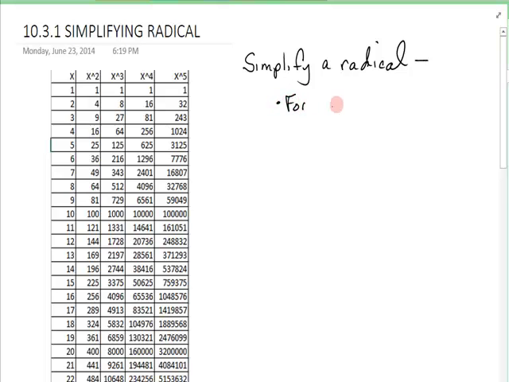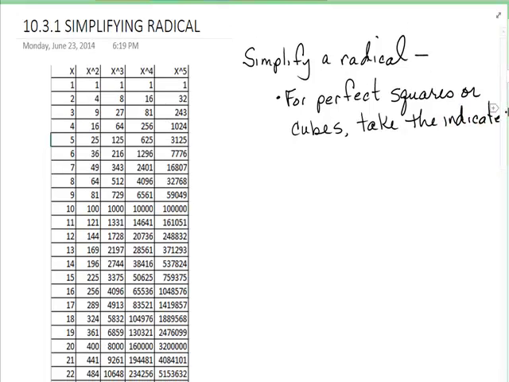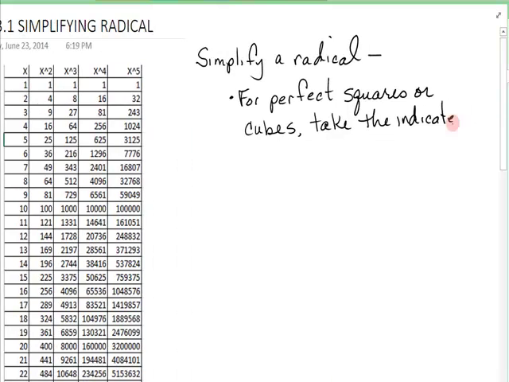for perfect squares or cubes, take the indicated root.